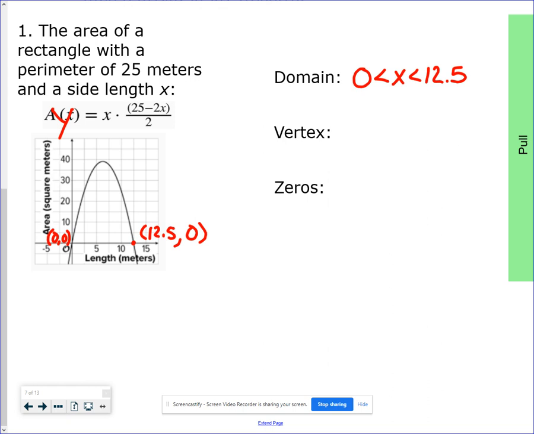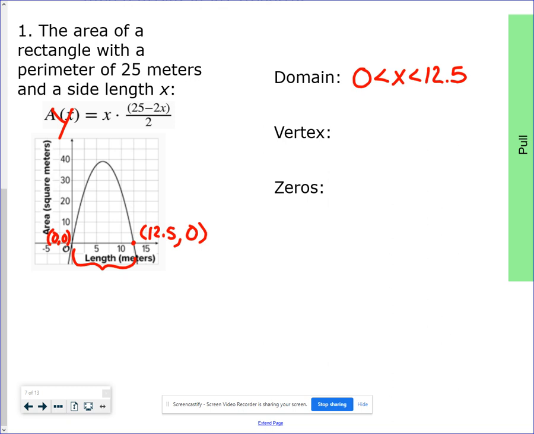So I don't want it to be equal to those numbers, but somewhere between 0 and 12.5, that's where all of this stuff is graphed, right? The vertex, the very tallest point that I have on this one, it's a little bit difficult to know exactly just from looking at the graph, so we might have to make some calculations here.